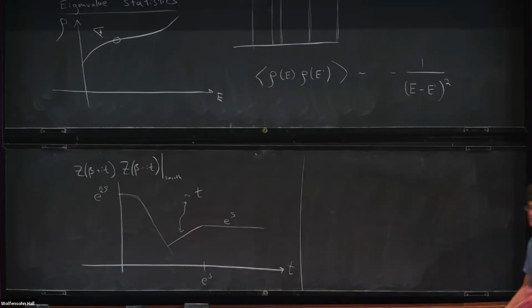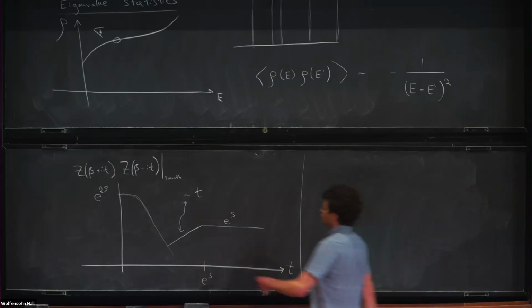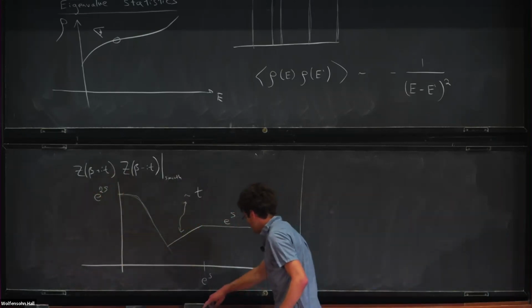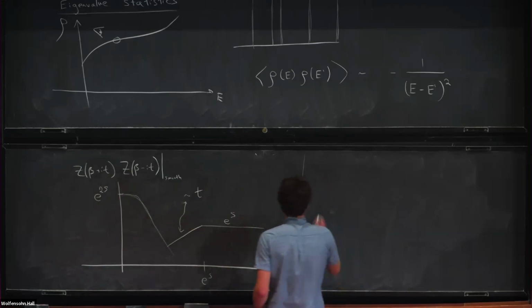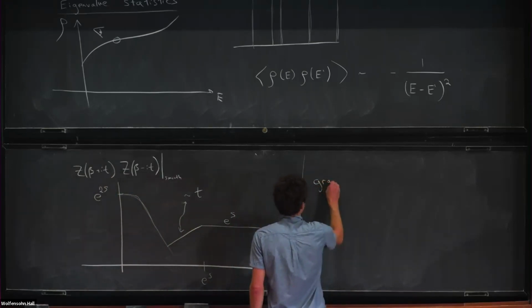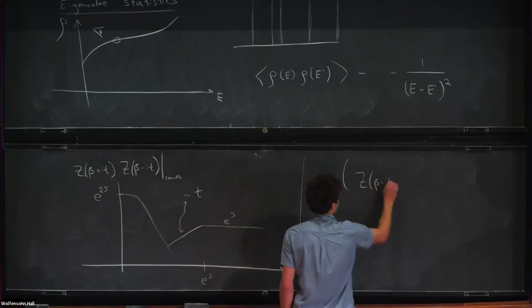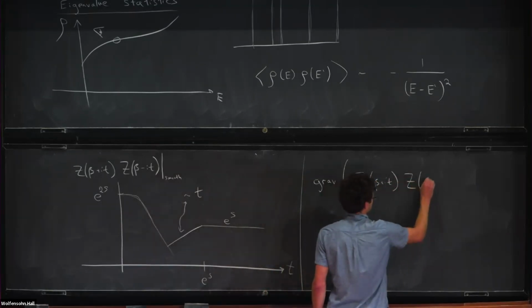So to compute this using the black hole, what we're supposed to do is compute two copies of this thermal partition function. And the rule for that is, we want to discuss now the gravitational Z of beta plus it, Z of beta minus it.